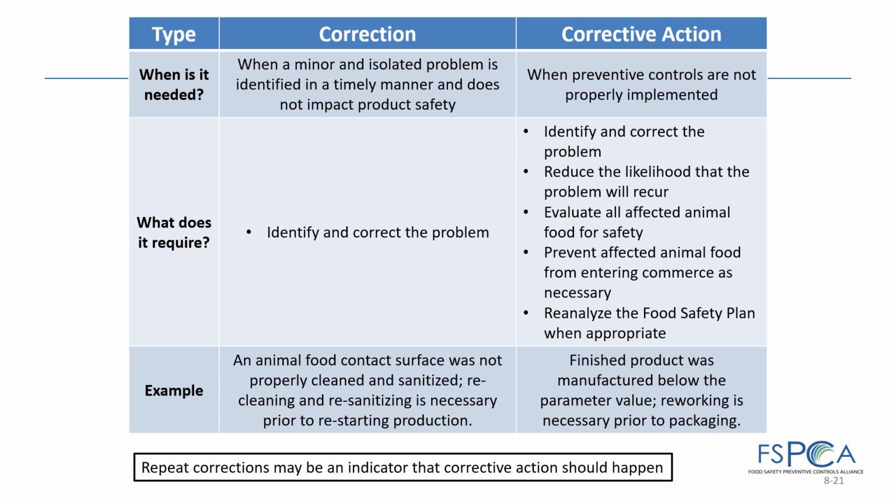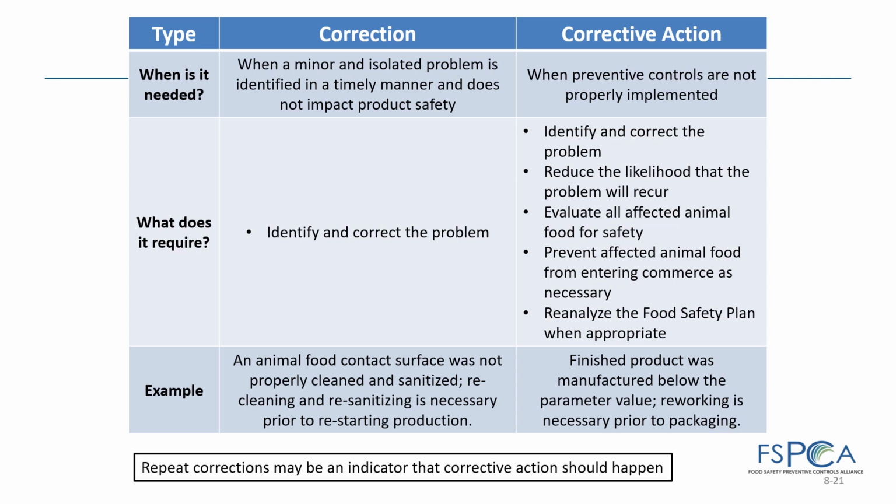This table right here again reiterates the differences between correction and corrective action. So let's take a look at each of these. When is this needed? A correction is needed when a minor and isolated problem is identified in a timely manner and does not impact product safety. A corrective action is going to be needed when a preventive control is not properly implemented.